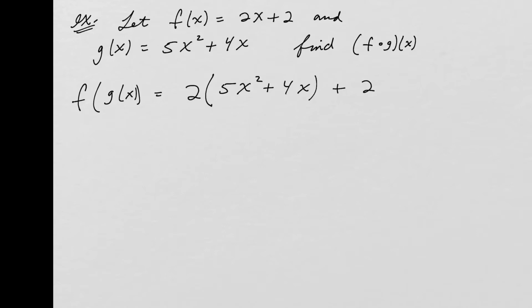Right, so I looked at my outside function, the f function, and where I had an x, I plug in the entire expression for g of x. Okay, and then, of course, you would simplify this, so I can distribute the 2. So this would be 10x squared plus 8x plus 2, and that would be the answer.